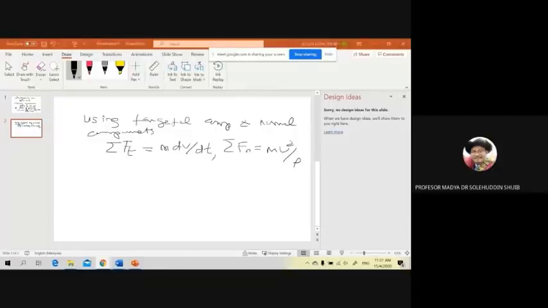We talk about angular momentum. So just to recap, we have the concept of angular momentum.